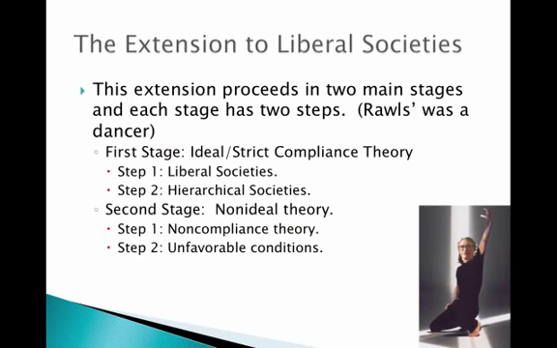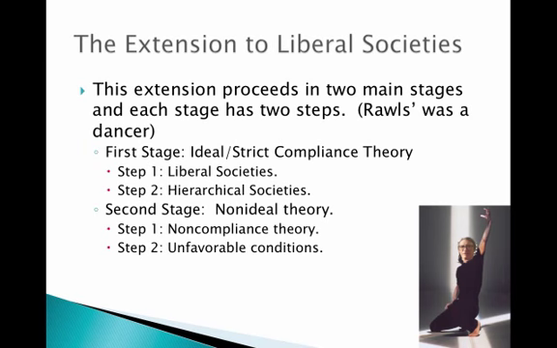Okay, so just by way of review, remember that the Law of Peoples has two stages, and each stage has two steps. The first stage dealt with the ideal world and strict compliance theory, where societies comply with the law of peoples. With step one, the representatives of liberal societies come together behind the veil of ignorance in the original position and come to an agreement on the law of peoples.